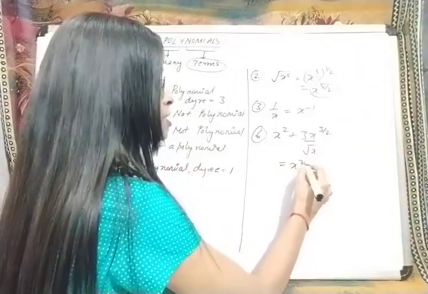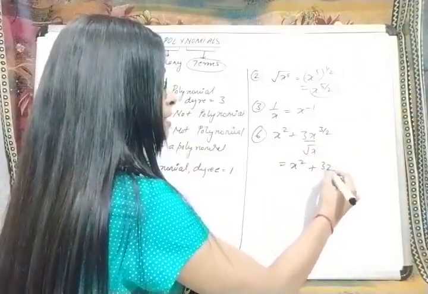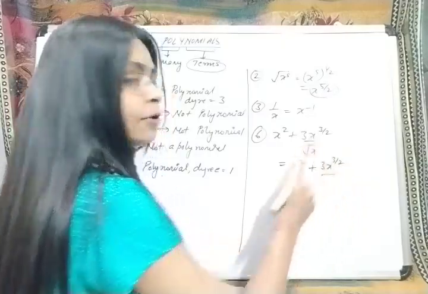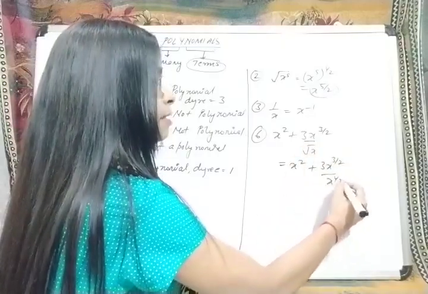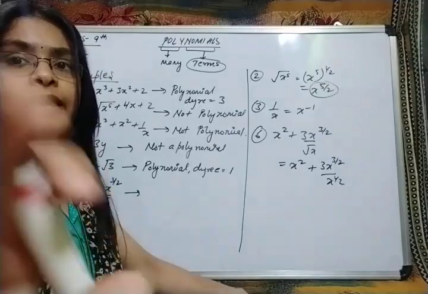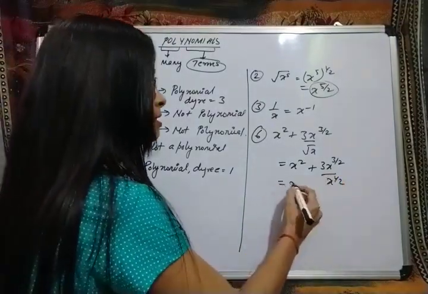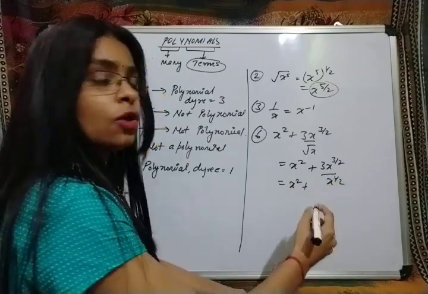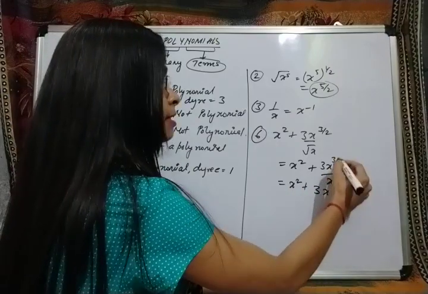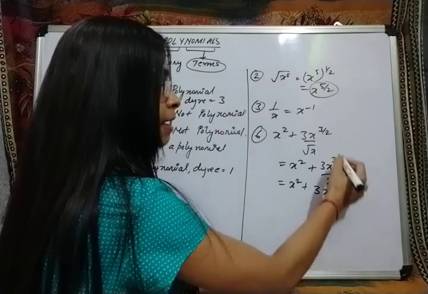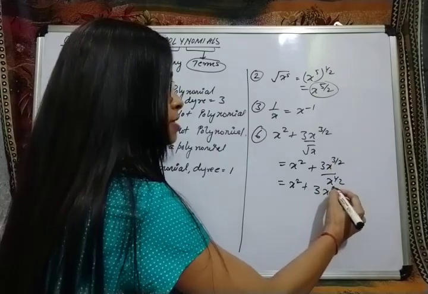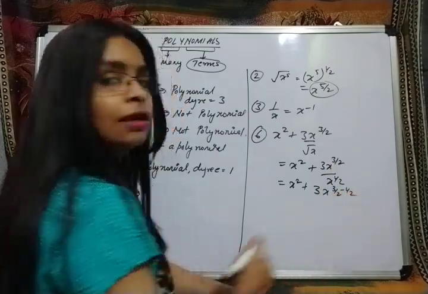Now x square is okay. But for the other term we can write 3x 3 by 2 over root x, and root x will be x 1 by 2. So this can be written as x square plus 3x to the power 3 by 2 over x to the power 1 by 2. By using the laws of exponents, the bases are the same and the powers are different, so we subtract: 3 by 2 minus 1 by 2.